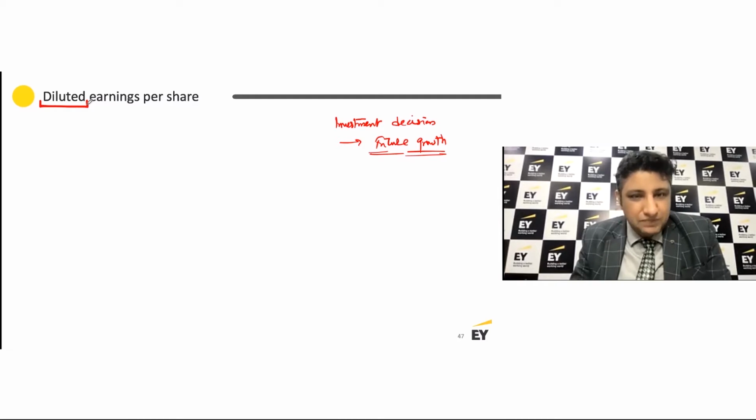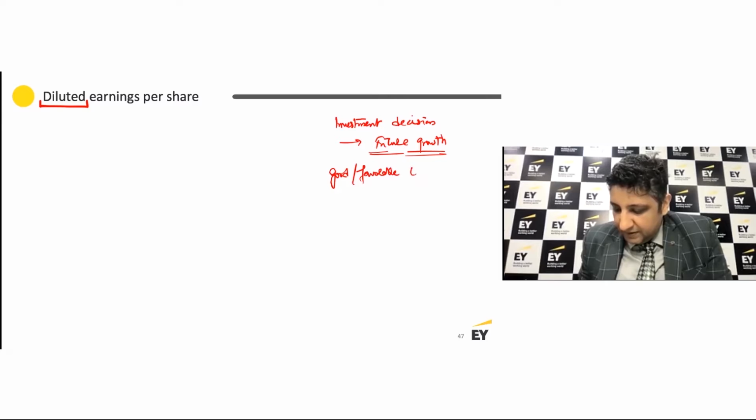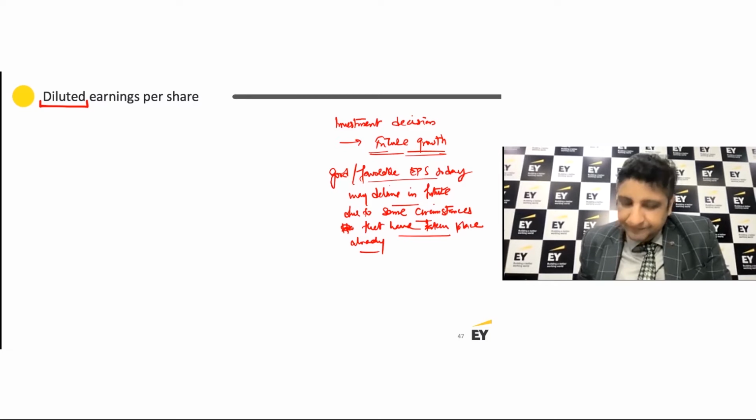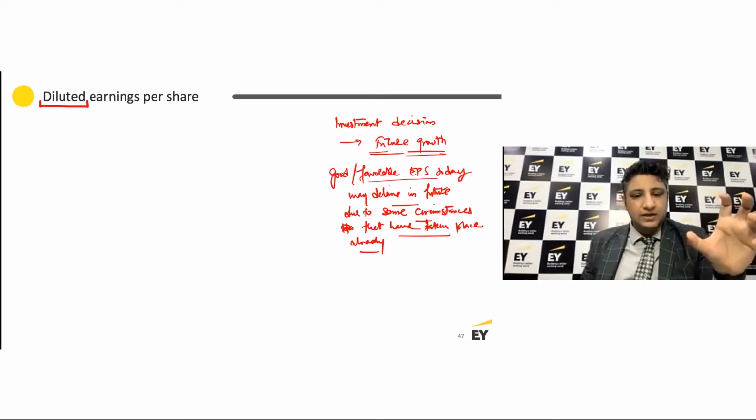What that shareholder least expects is that he sees a good or a favorable EPS today that may decline in future due to some circumstances that have already taken place.